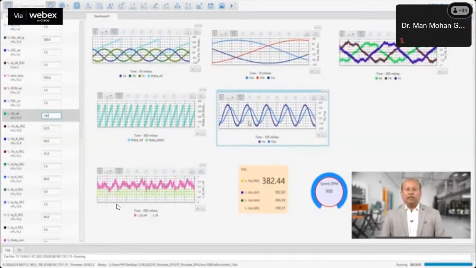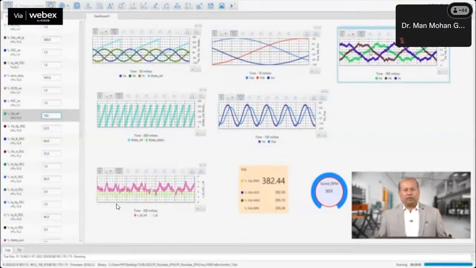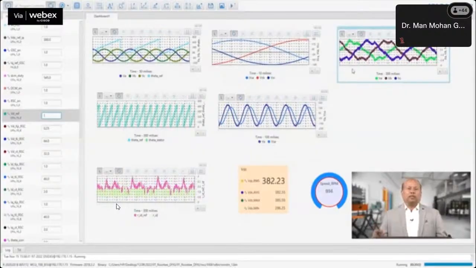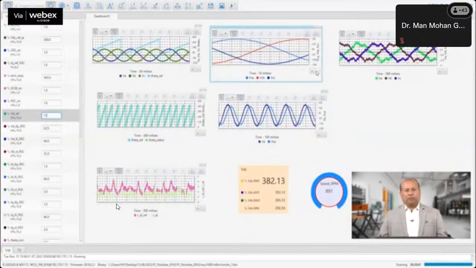Now, we will increase the reference value to match the stator voltage magnitude with the grid voltage using the D-axis control of the rotor.